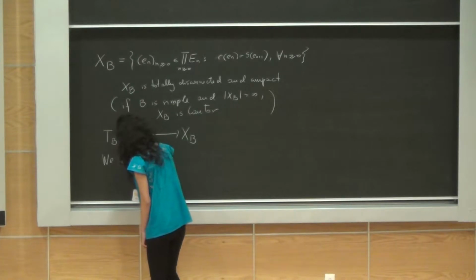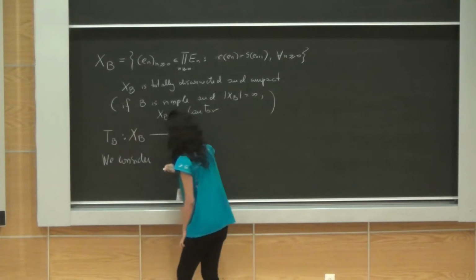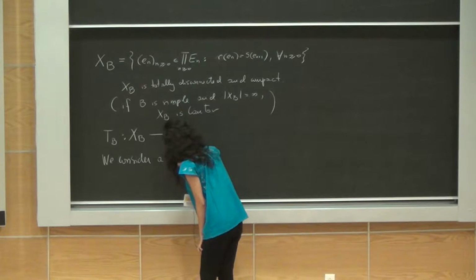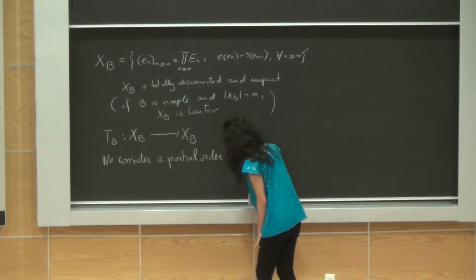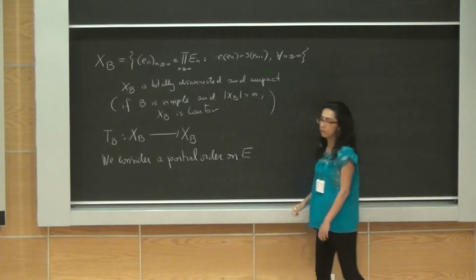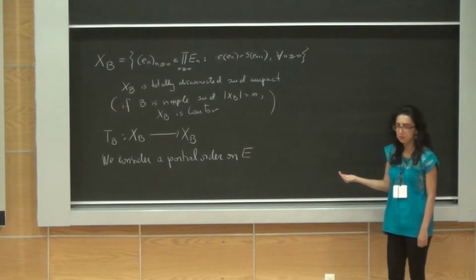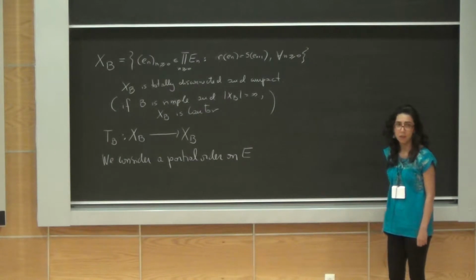We consider an order, a partial order, on the set of edges. We are going to consider this order to define the transformation.